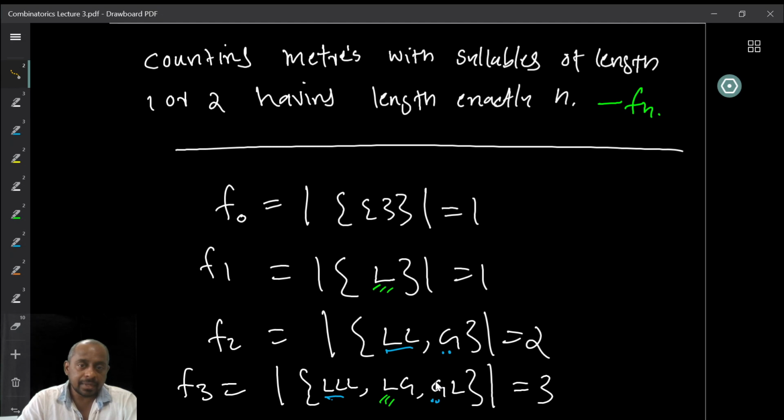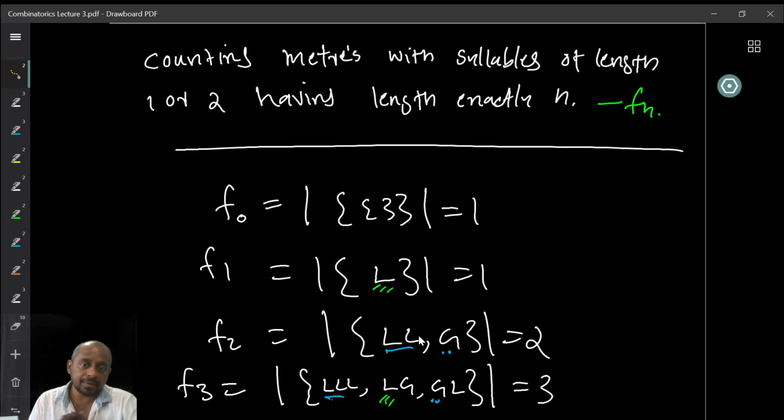Now, one observation that we can make is that if the last syllable that we are going to add is a laghu, we are going to get a meter of length exactly n from a meter of length exactly n minus 1.